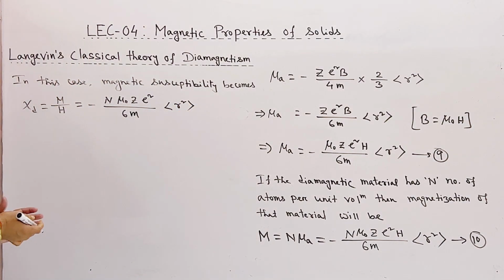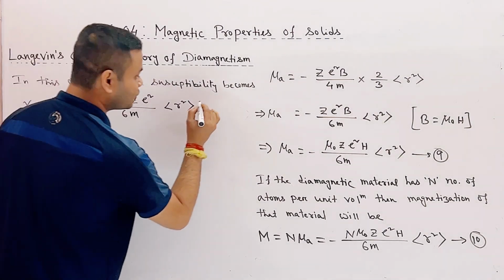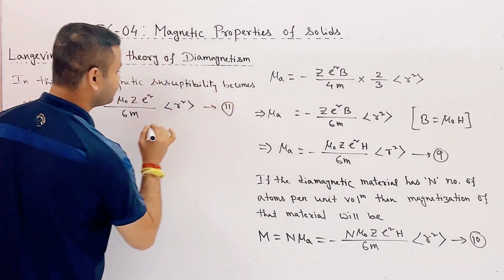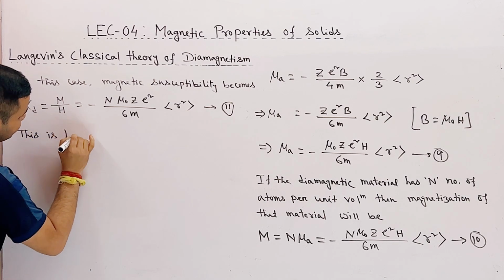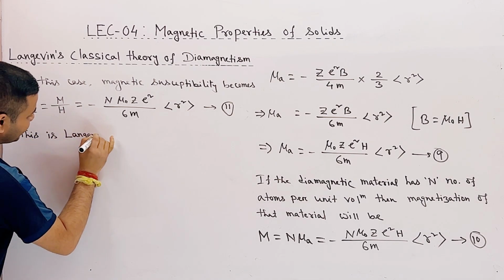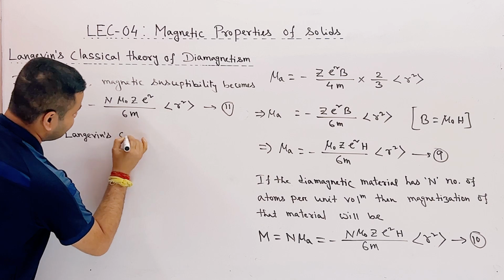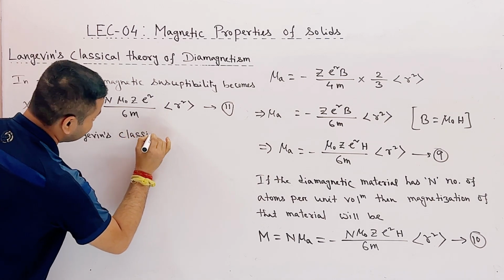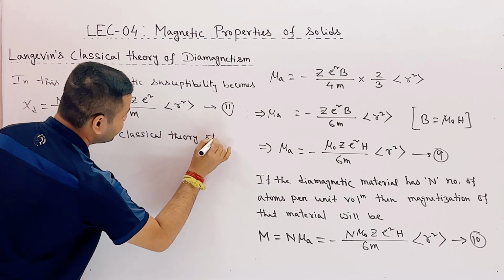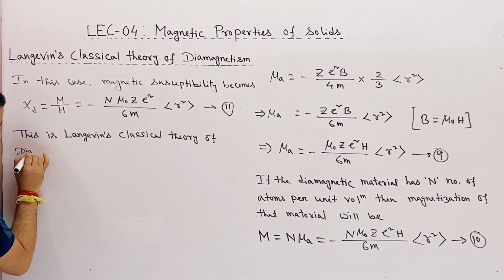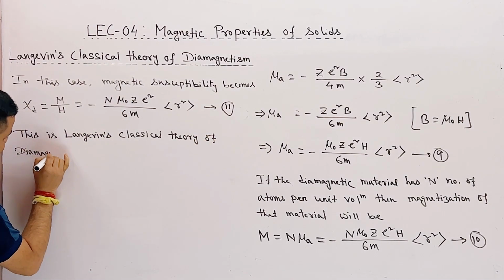So this is the Langevin's classical theory of diamagnetism. Suppose this is equation number 11.